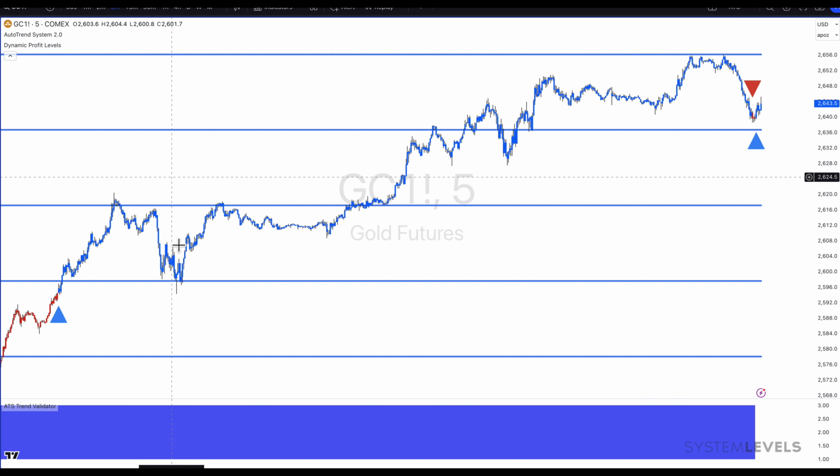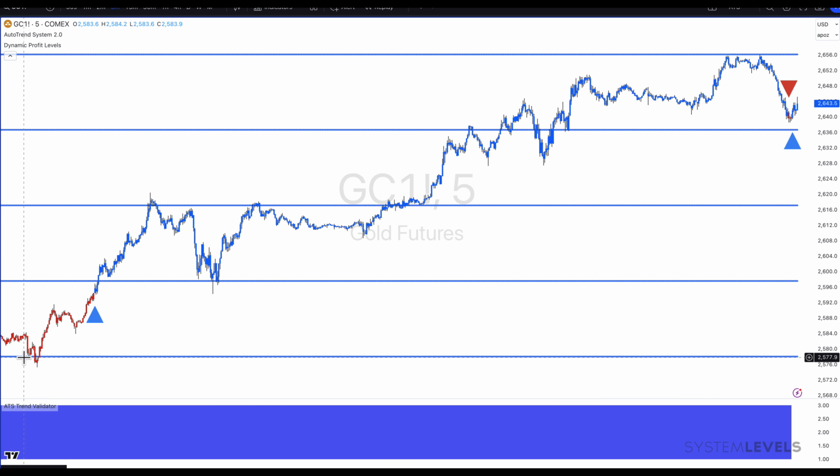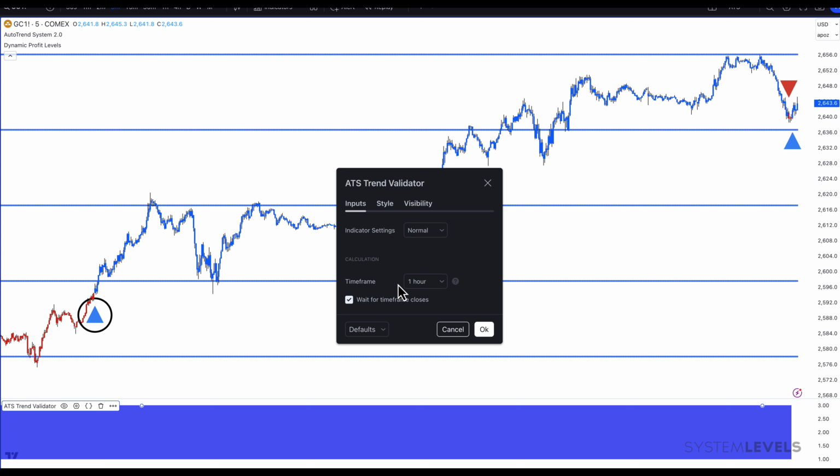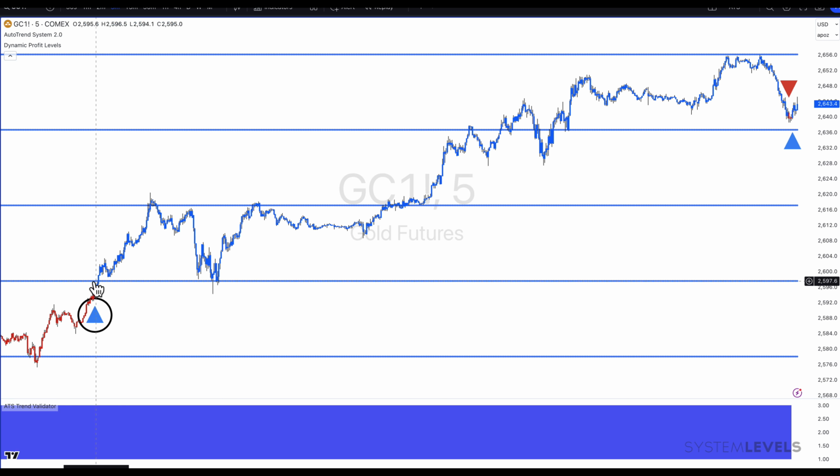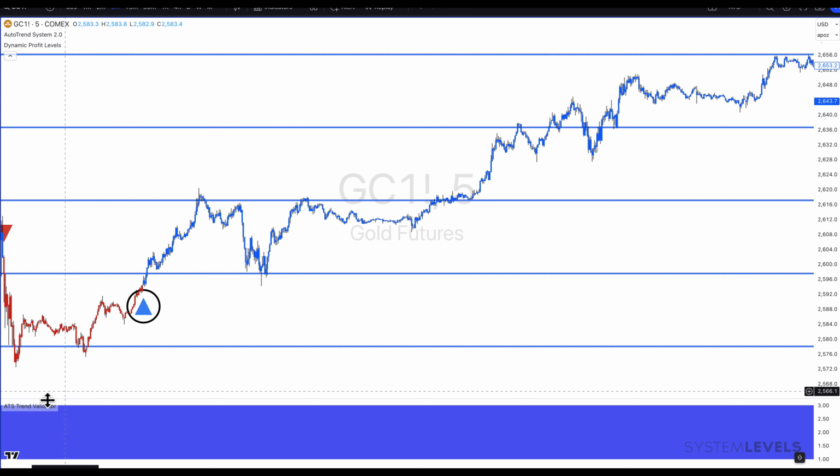For example, I have here the 5-minute chart open. When I get a new signal to go long, as it happened right here, that's highlighted, I need to know what the higher time frame is doing. What is the AutoTrend system telling me on the higher time frame of gold futures? In this example, I'm using the 1-hour time frame. So what this blue color here tells me is that gold on the 1-hour time frame is on an uptrend, and it has been on an uptrend for some time, right?